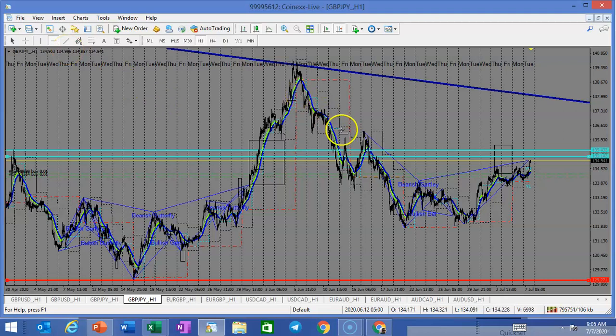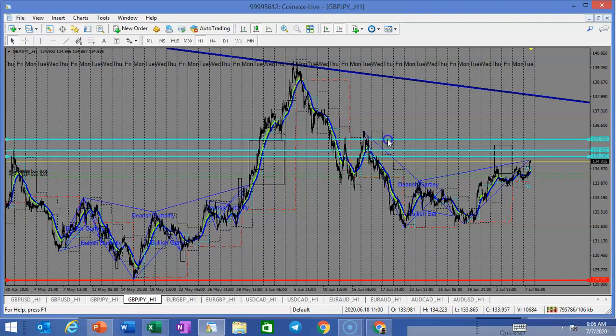But let's just say price just goes bananas. I can see it's headed up to 136, and I'm just basing this purely off of our previous high-low black tracers. 135.90.